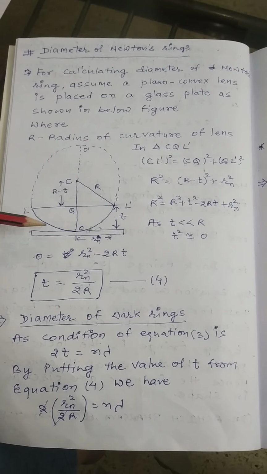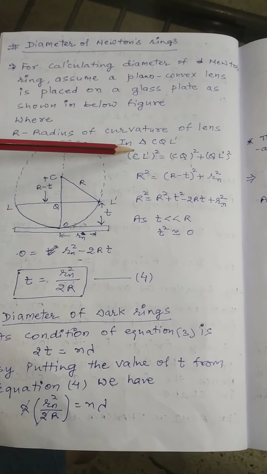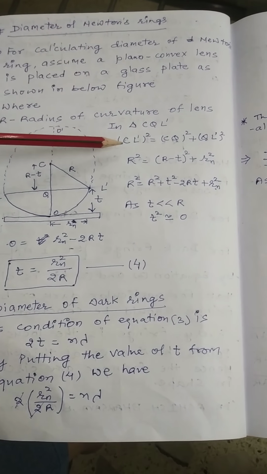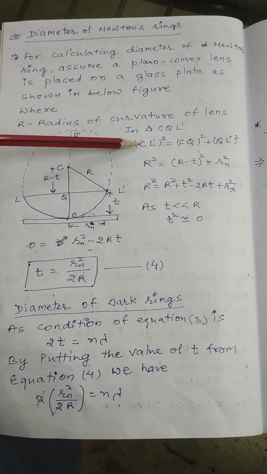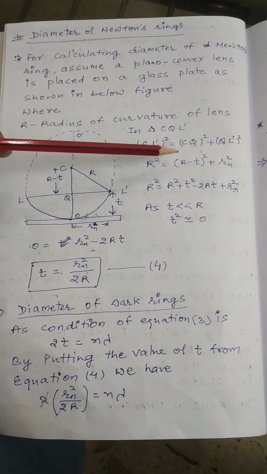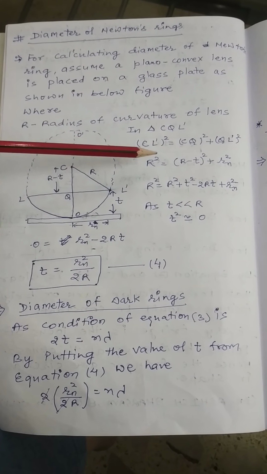In the next step, by putting the value, R square is equal to (R minus t) square plus rn square.